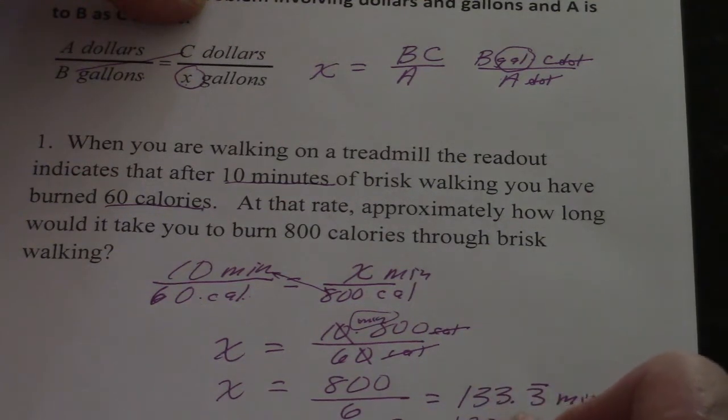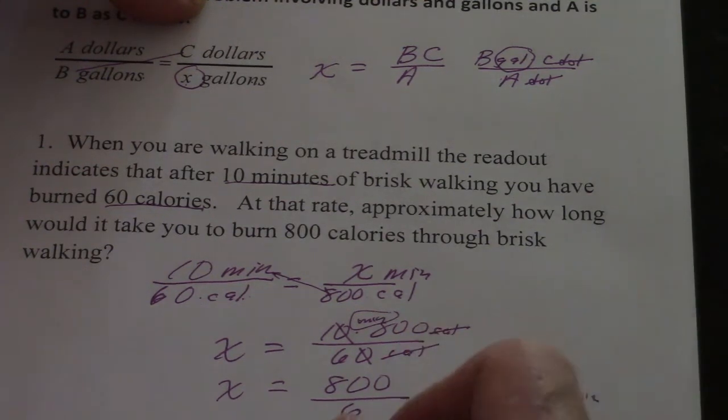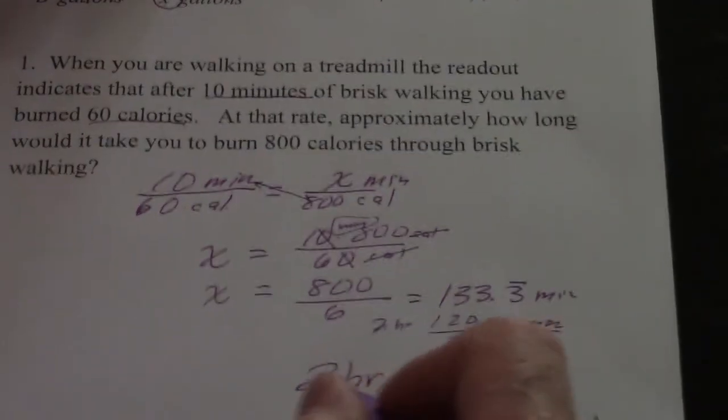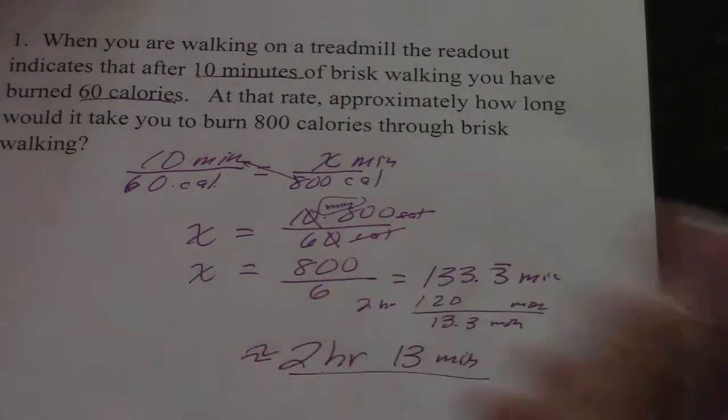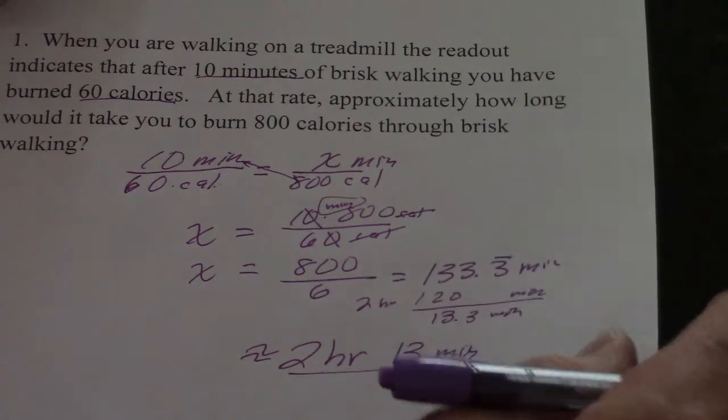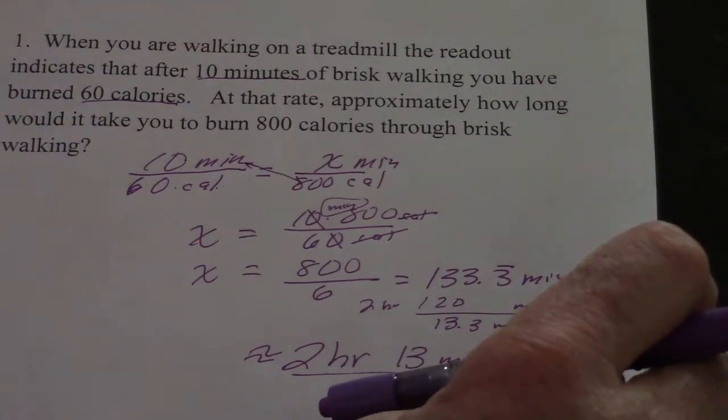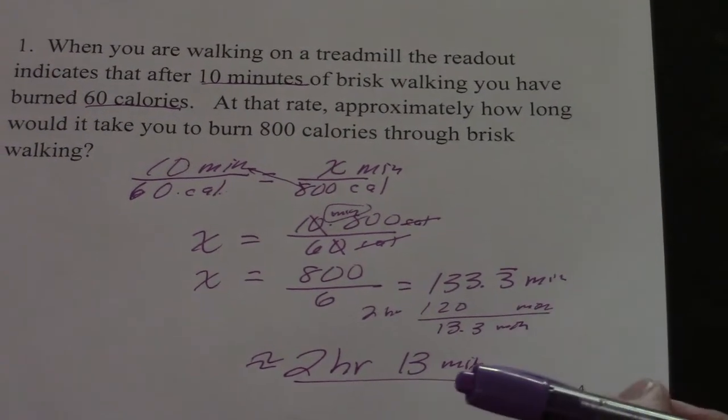That would leave 13.3 minutes left. So I would say about 2 hours and 13 minutes. That would be our approximation. Approximately, you can't really sustain the same exact rate when you're burning calories and walking. Okay, so that's problem number 1.